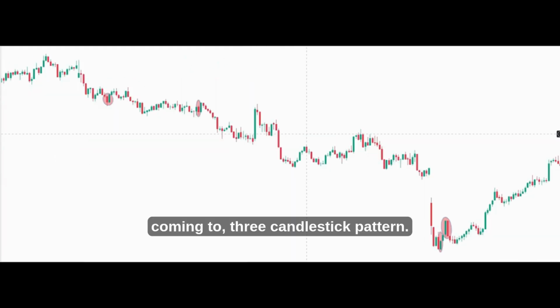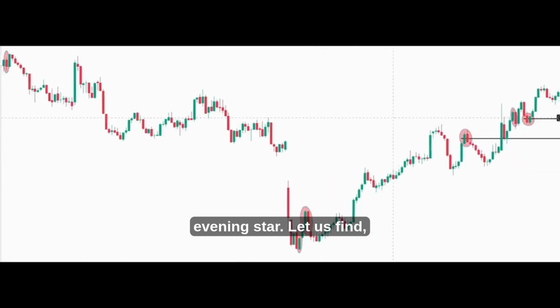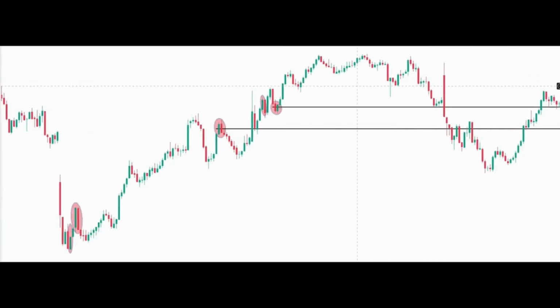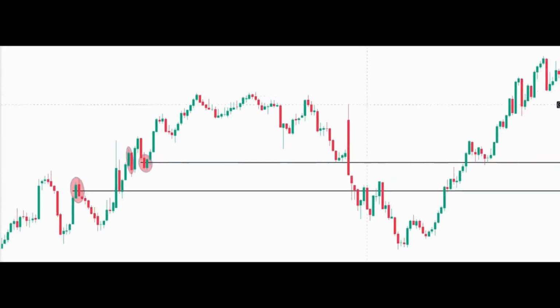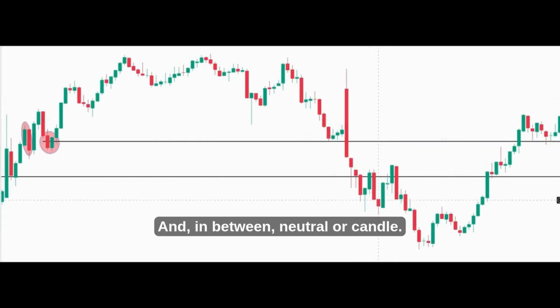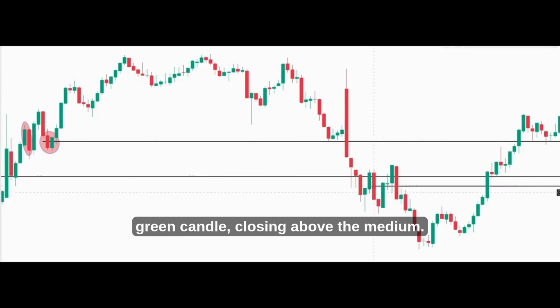Coming to three candlestick patterns. Bullish you will call a morning star and bearish you will call an evening star. Let's see and find it. See, first there is a red candle, in between a neutral candle, and there should be a green candle closing above the median.